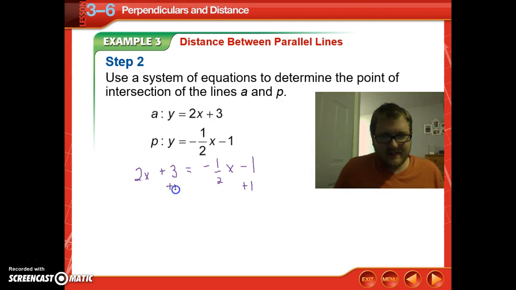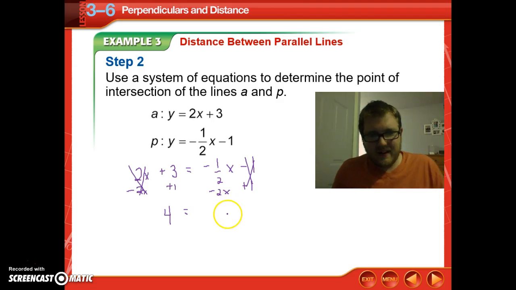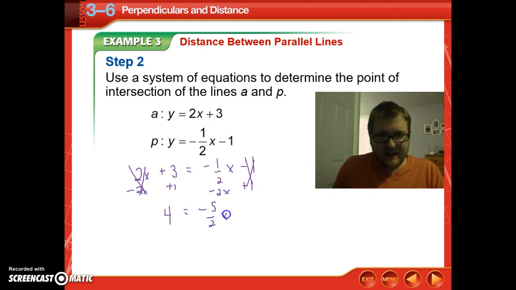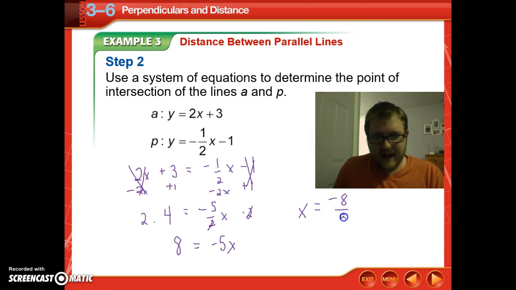Add 1 to both sides, subtract 2x from both sides, and we're going to get 4 on this side equals, let's see, negative 1/2 plus negative 4/2 is going to give us negative 5/2 x. So we're going to get 8 when we multiply both sides by 2 equals negative 5x. And finally, x is going to equal negative 8 over 5 when we divide both sides by negative 5.